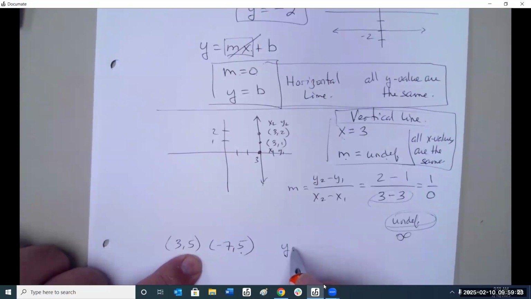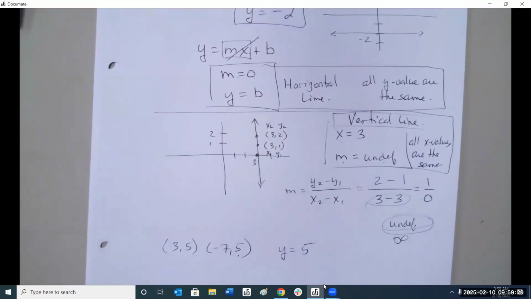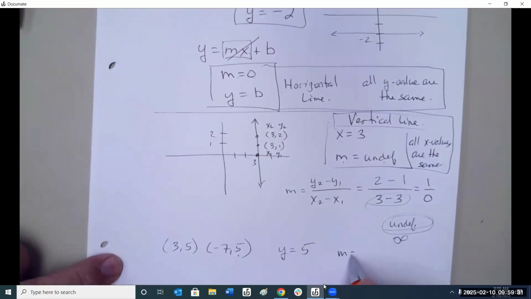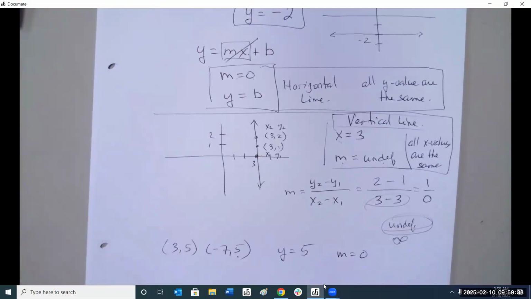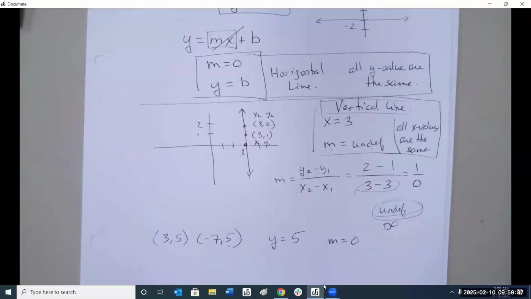So what's the equation of the graph? What's the slope? Because you're going to be asked to find equations of lines given 2 points. If I give you 2 points that have the same y values, you're done. You don't have to do anything else.